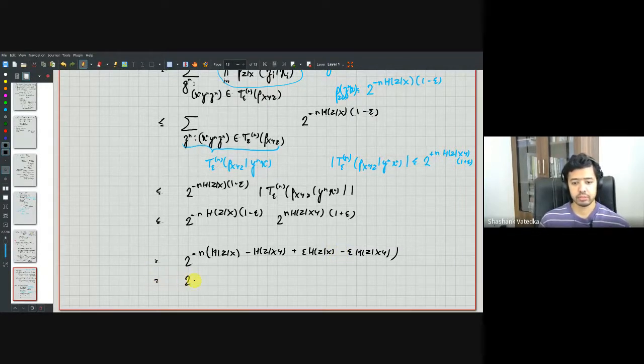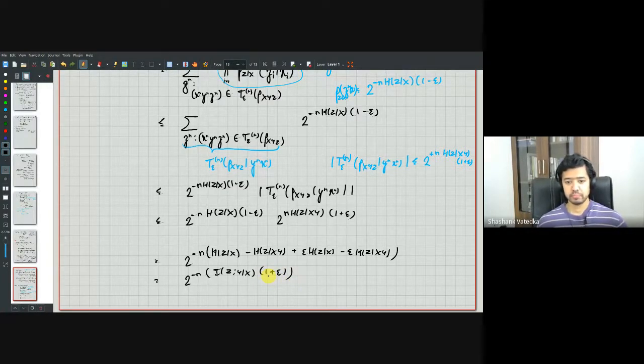This is just 2 to the minus n times the mutual information between z and y given x. This term also simplifies to plus epsilon times the mutual information between z and y given x. So this is just 1 plus epsilon. Oops, sorry, I guess this should have been minus.